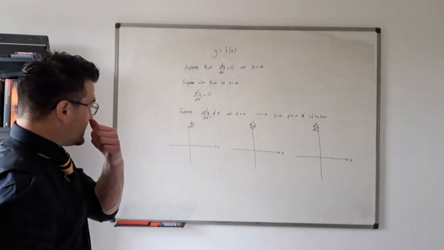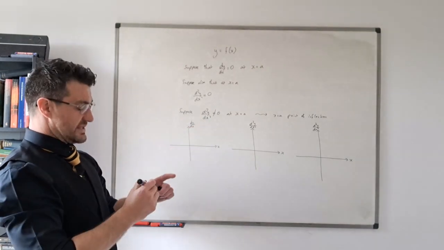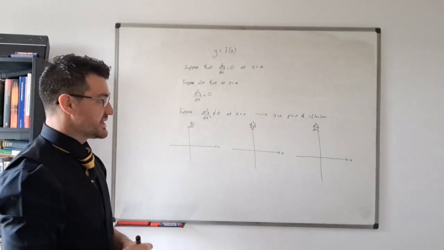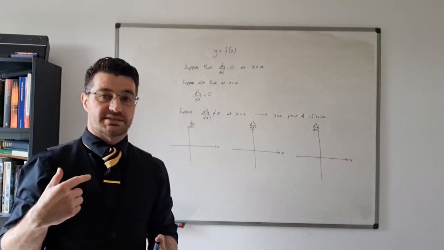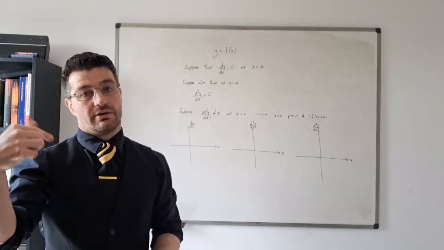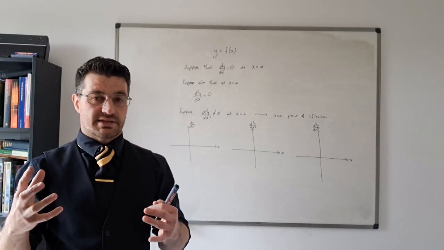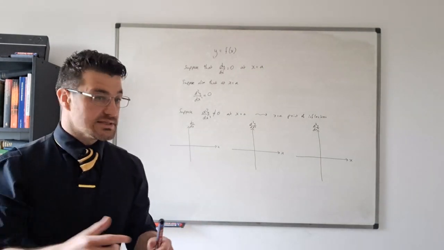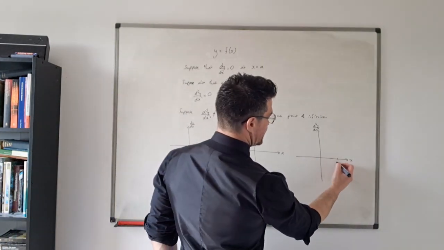Okay, so there's two possibilities here. If the third derivative is not equal to 0, then either it is greater than 0 or less than 0. So let's consider the case where the third derivative is greater than 0 at x equals a.